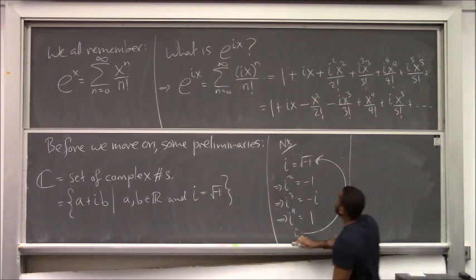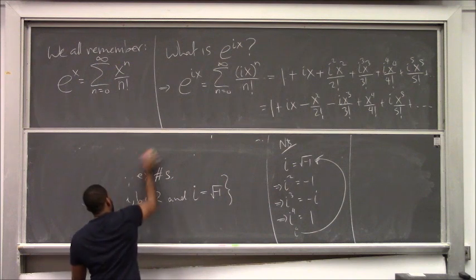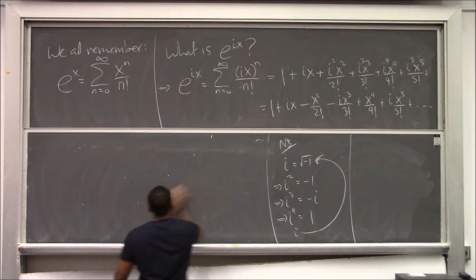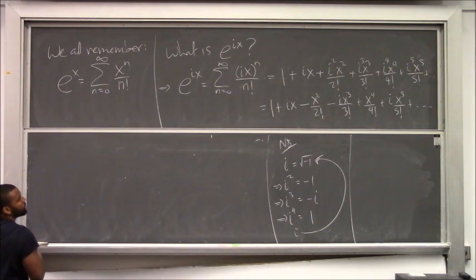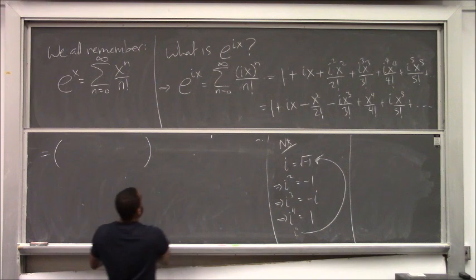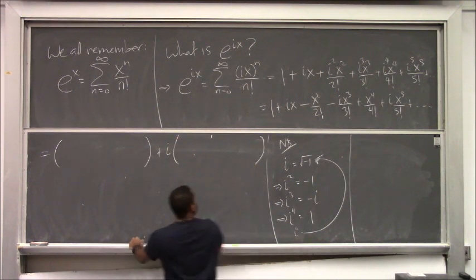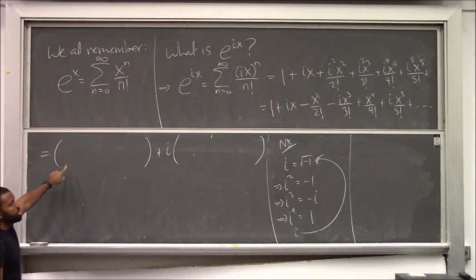Now, you can start to group the things that have i's in them and group the things that don't. So this is going to be equal to, let's throw all the guys that don't have i's over here, and all the guys that do have i's over here.